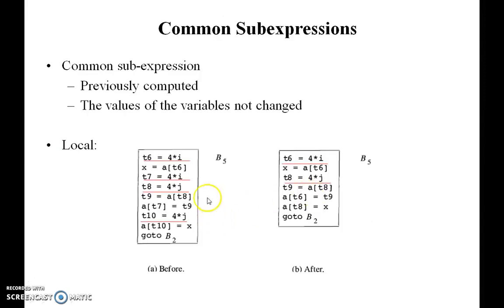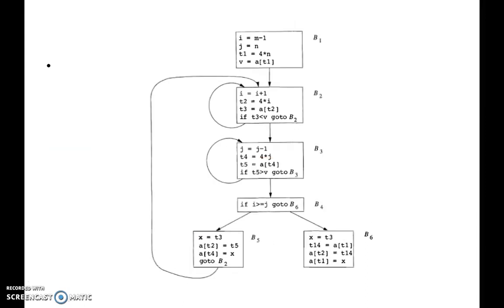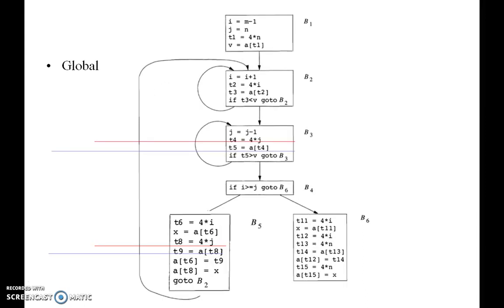The previous optimization took place locally within this block. But now we are going to discuss the global optimization between these two blocks inside the program. Here if you look at block 3, we have T4 equal to 4 star here. In block 5, we have T8 equal to 4 star here. So how can it be reduced? Here this 4 star J has been stored in T8.